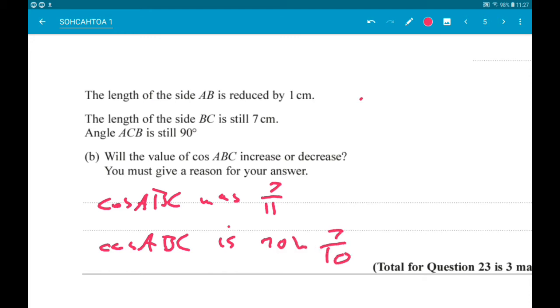Now, 7 over 10 is bigger than 7 over 11. We're splitting 7 into fewer parts, so it's increased.